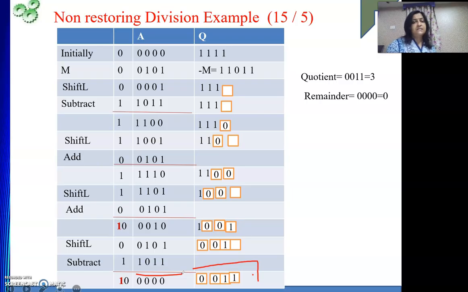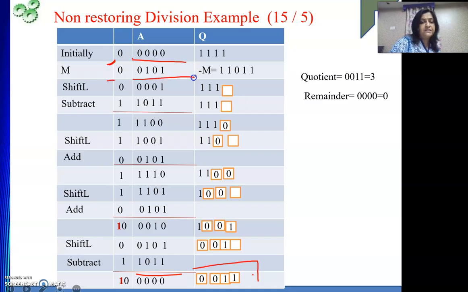So see, this is a very simple algorithm and very easy. You only need to follow your steps carefully. What you need to remember is, whenever you are doing addition or subtraction, take as many bits as the number of bits in A plus 1. This A plus 1 is for the sign bit.